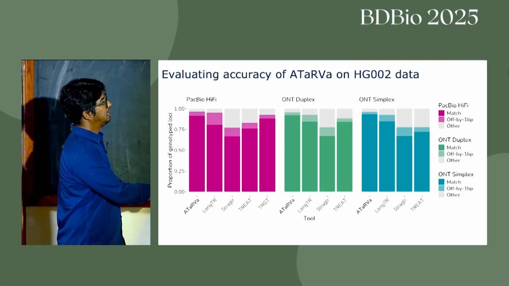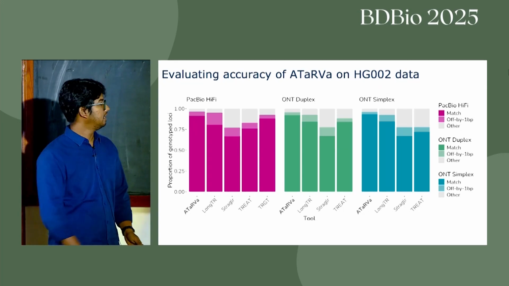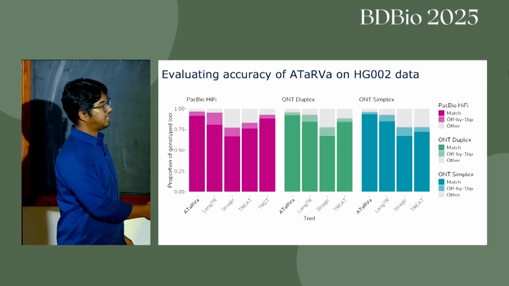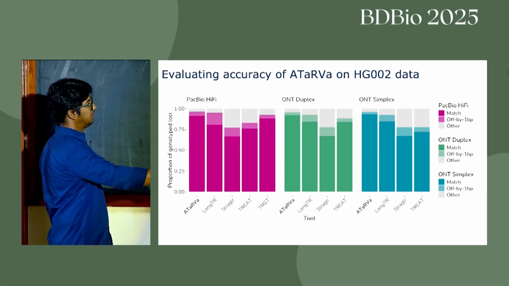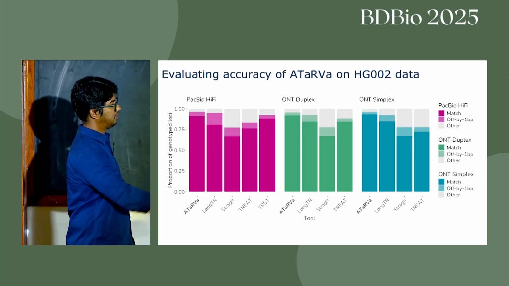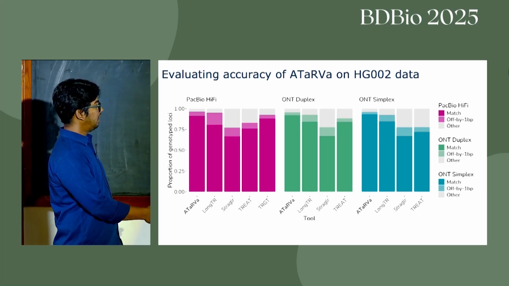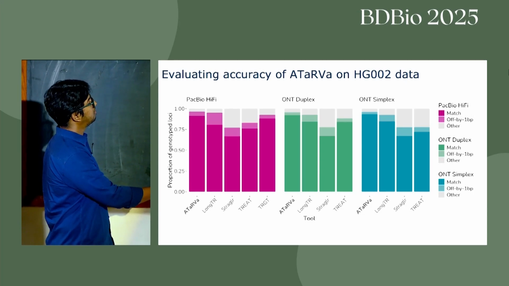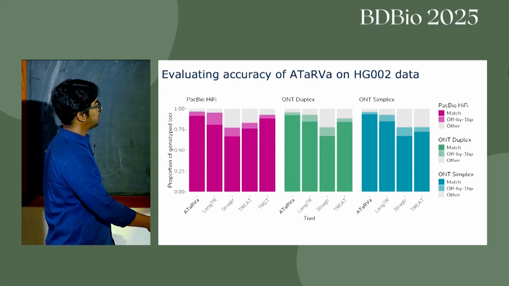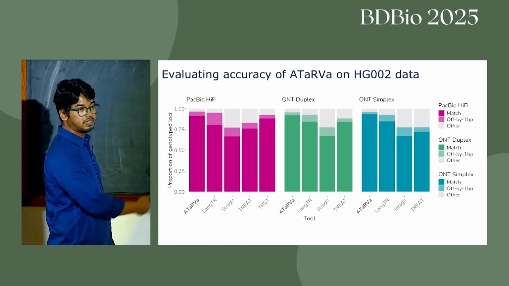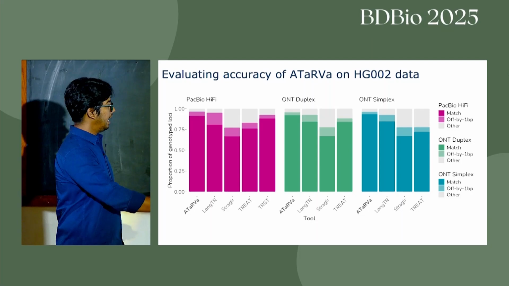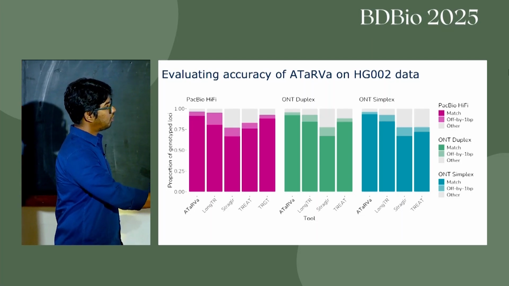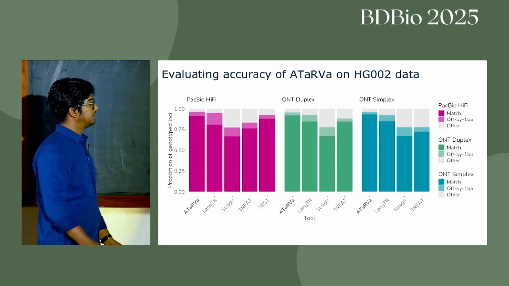And anything larger than that is shaded gray, right? And the first bar in every plot is ATaRVa, and these are on 3 different data sets: HiFi, duplex, and simplex. And as you can see, it performs better than both LongTR and TRGT in PacBio data, and it also does perform well on other data sets, right?